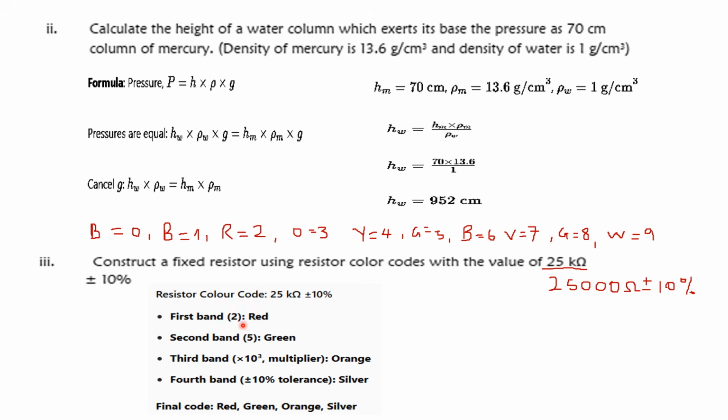The first number is a 2. That means it's red. So this is our resistor, and the first code is red.